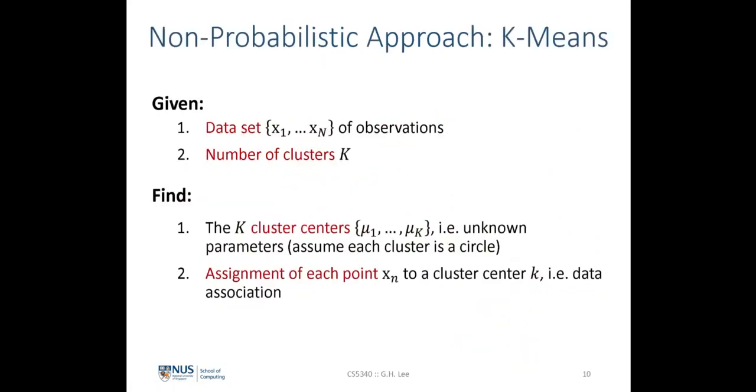So we'll first look at the non-probabilistic approach, which we call k-means, and the problem it is associated with, as we have seen in the motivation example. We can formally formulate it as follows: given a data set x1 all the way to xn of observations, so there are n observations altogether. Suppose that we are already given x in the feature space.